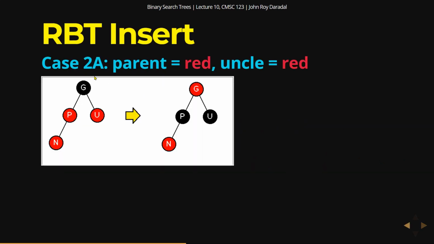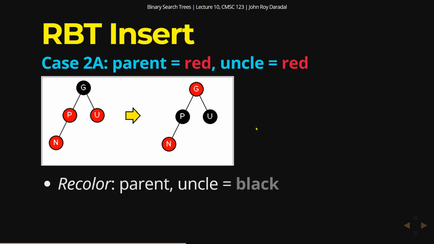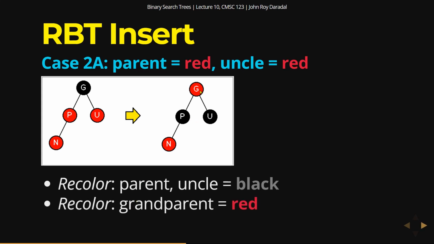So case 2A is when the parent is red and the uncle is also red. So both the parent and the uncle are colored red, the same color. So what should we do here? We'll just recolor the parent and uncle to be black, so they're both black now, and we'll recolor the grandparent to be red.